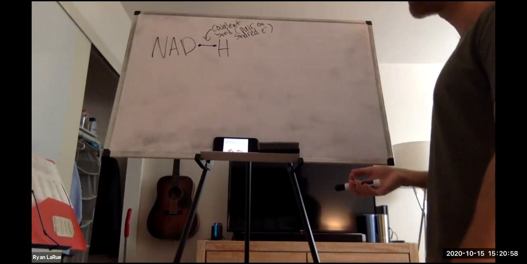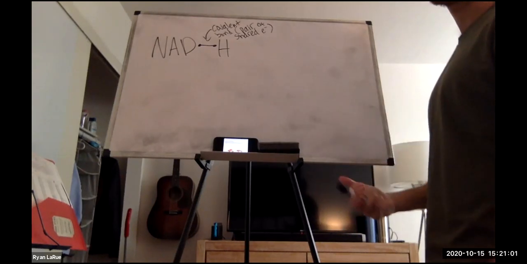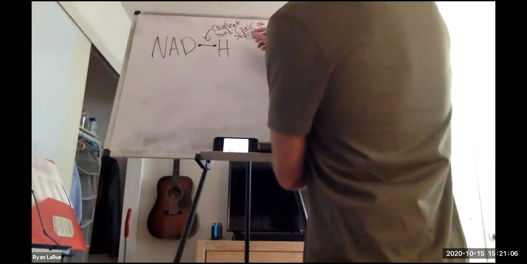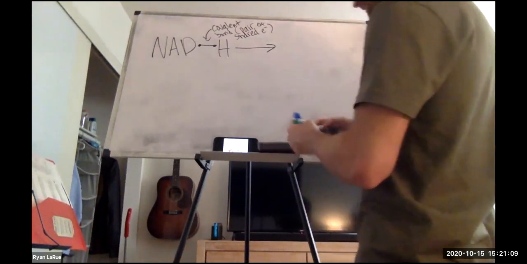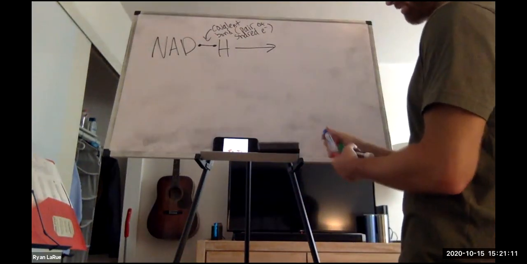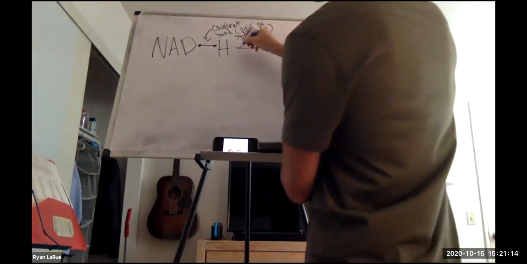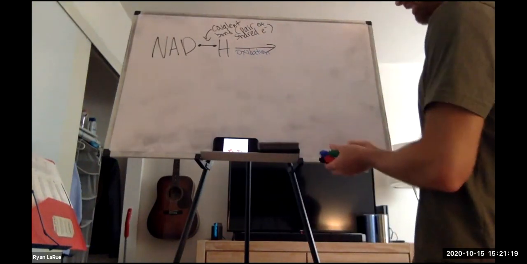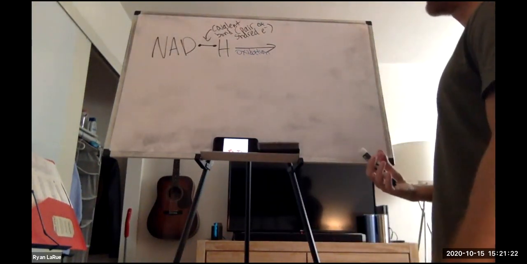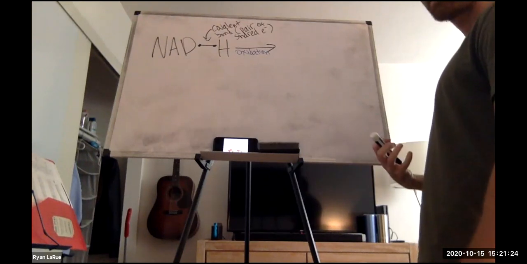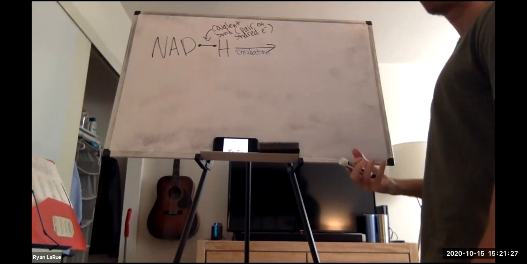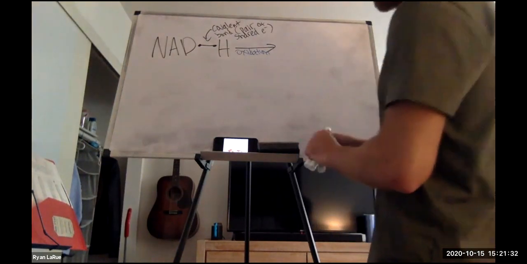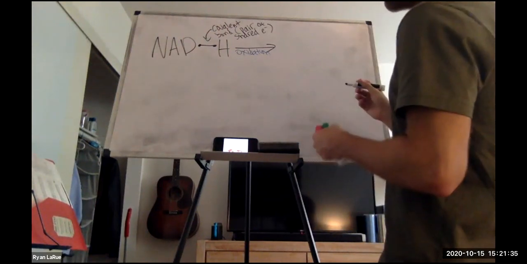Now I'm going to demonstrate what it means to oxidize a molecule, namely this NADH molecule. So let's do an oxidation reaction. So this will be, what did I use? Blue. Oxidation. Let's oxidize NADH. If I'm going to oxidize NADH, I'm going to strip off the hydrogen and electrons as well. And so when I do that, it looks like this.